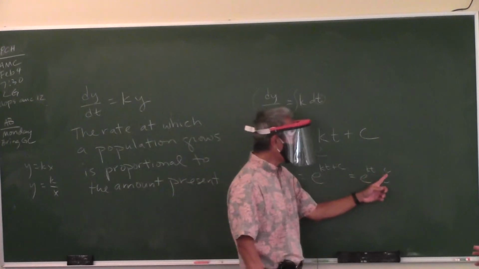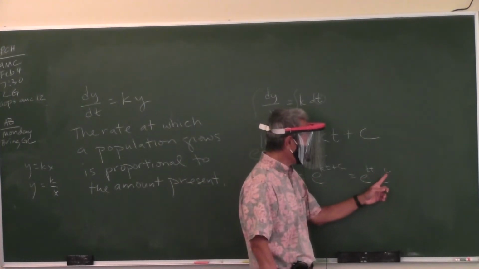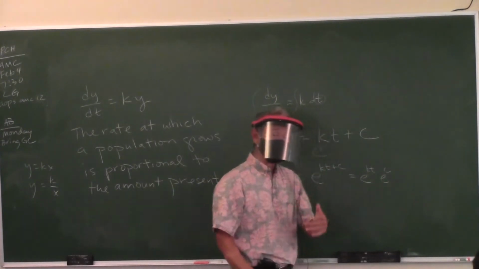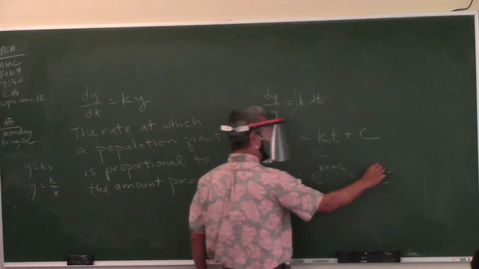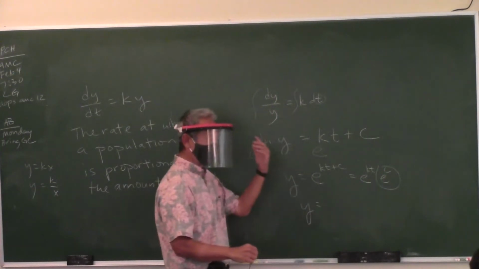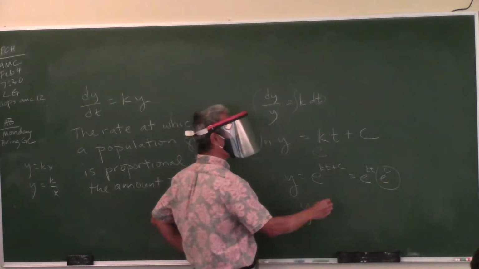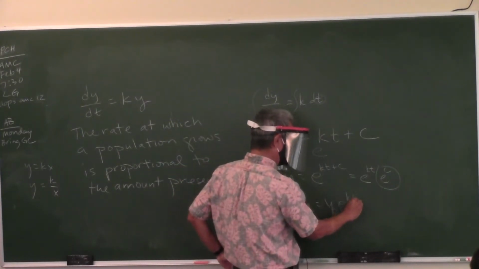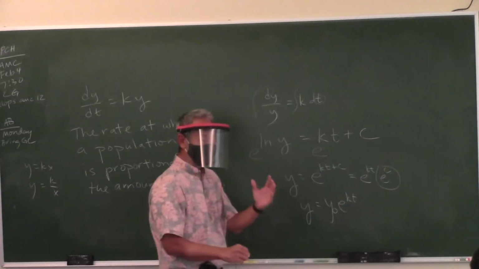And then if c is a constant, then isn't e to a constant power a constant as well? And do you know what we call the constant? C. Yeah, we could call it c, but come on, from pre-calculus last year. Okay, I'll just tell you, why not? Why not is your initial population.